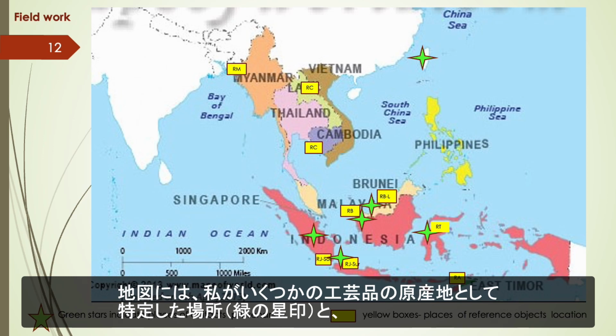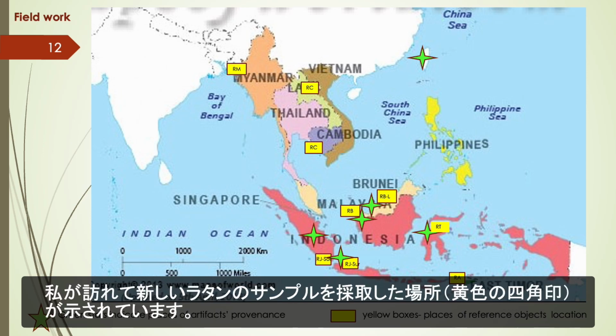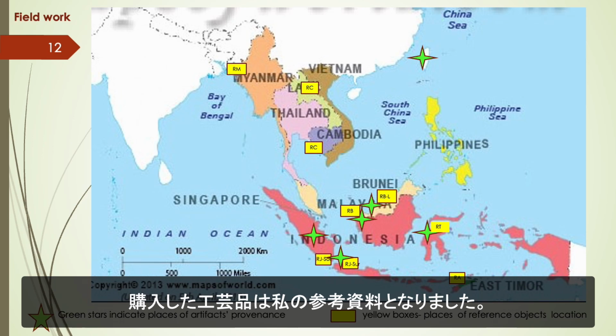Now this map illustrates places which I identified as the origin of some of the artifacts, and those places are marked as green stars, and places which I visited, which are marked as yellow squares, and where I collected samples of new rattan, and sometimes I also purchased artifacts. And those samples and artifacts constituted my reference collection.